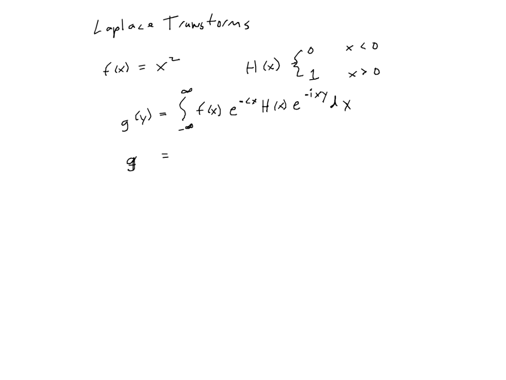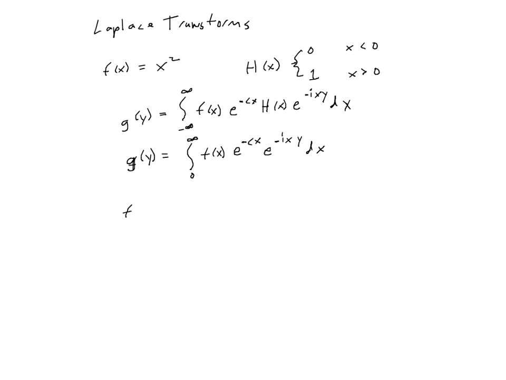Oh, sorry, I got ahead of myself. Because of the Heaviside step function being 0 for x less than 0, this becomes the integral from 0 to infinity of f of x e to the minus cx e to the minus i x y dx.